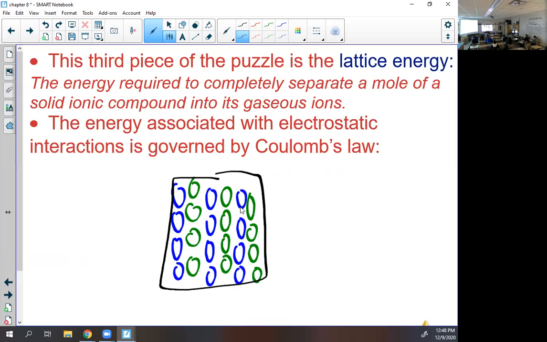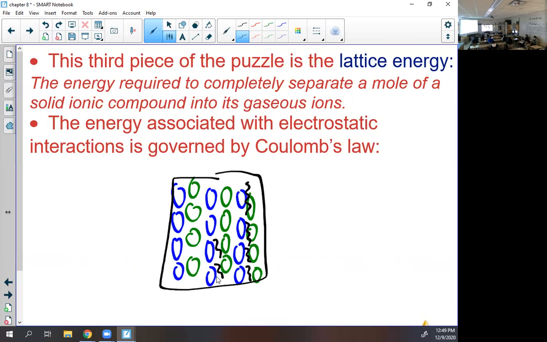These ions are stuck together in a very solid substance. If I want to pull it apart, I have to break all these electrostatic interactions. So it would be like pulling apart tons of magnets. We could do it, but it would take some energy, right?